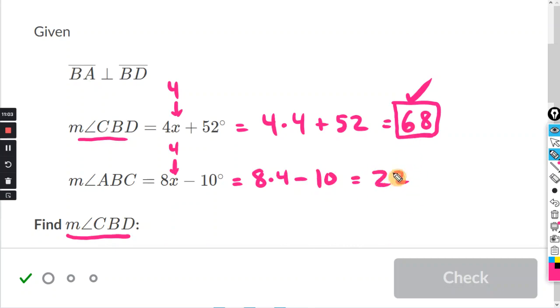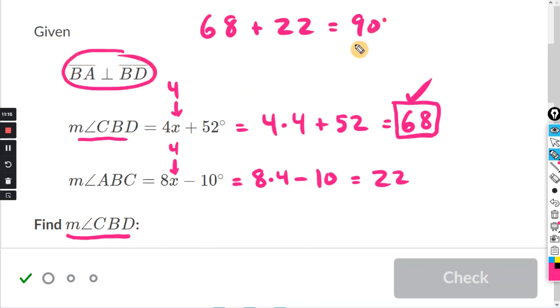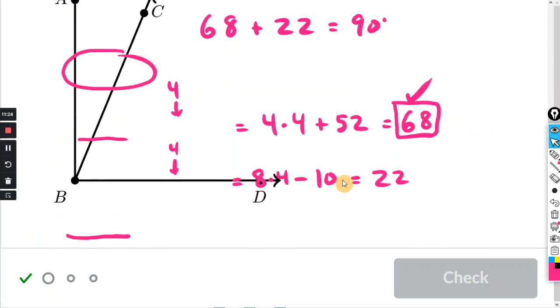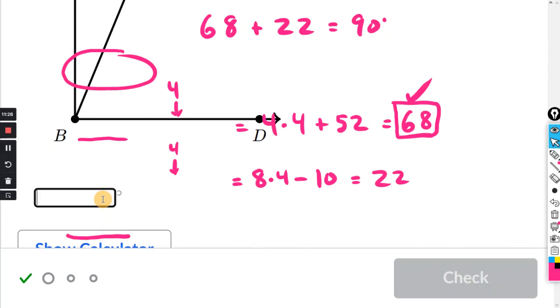Okay, 68 plus 22 equals 90. And that's what we said before, that it was a right angle, so the two angles combined should equal 90. So this right here is the final answer, 68. The rest was just to check the work, if you want to do that. 68, right in the box.